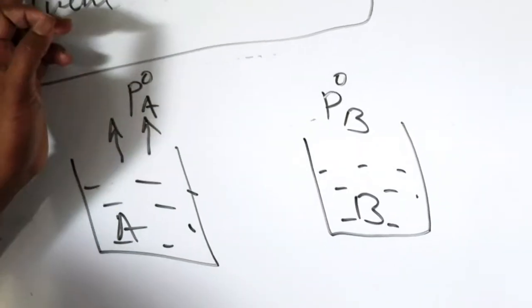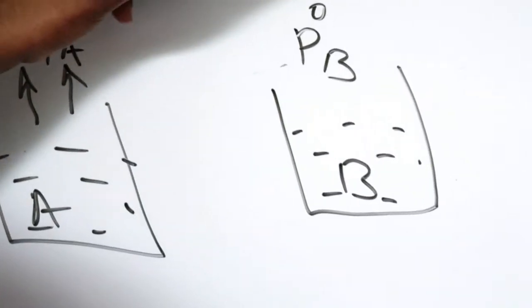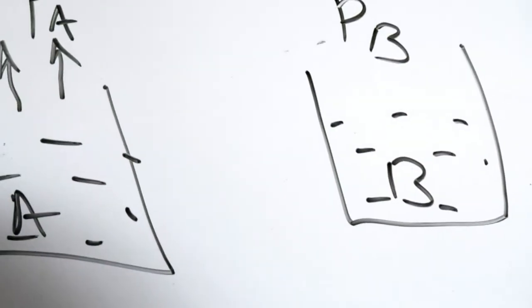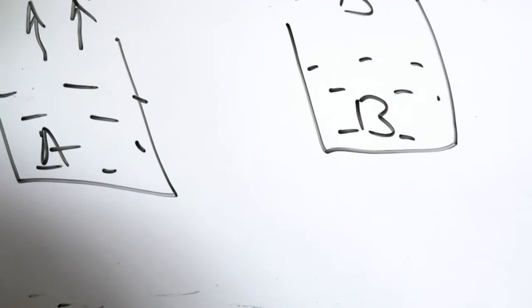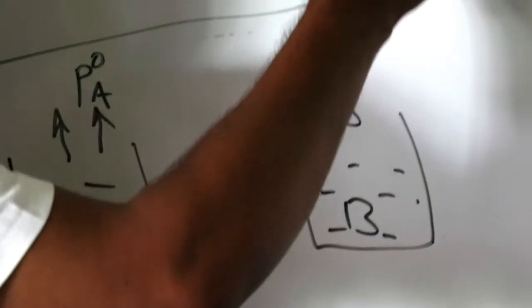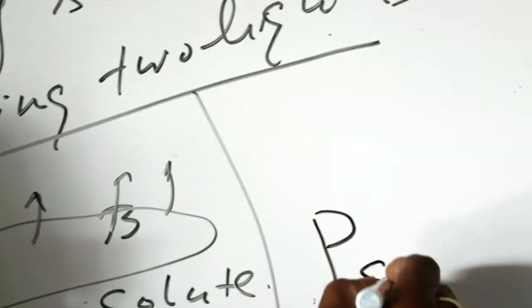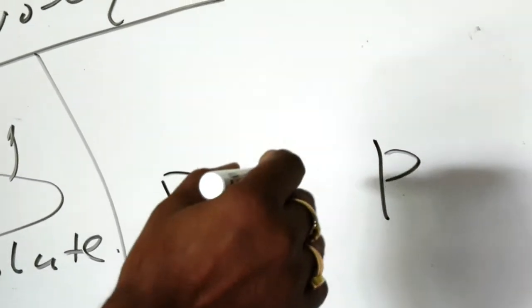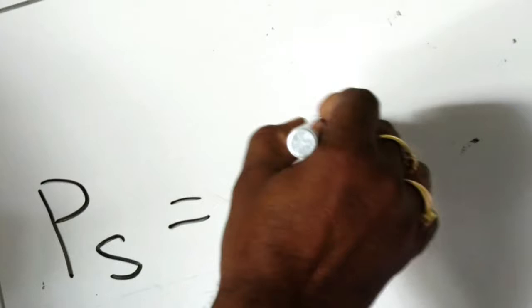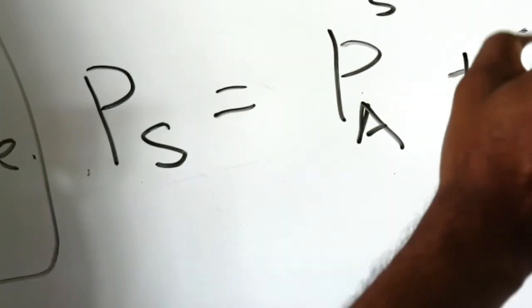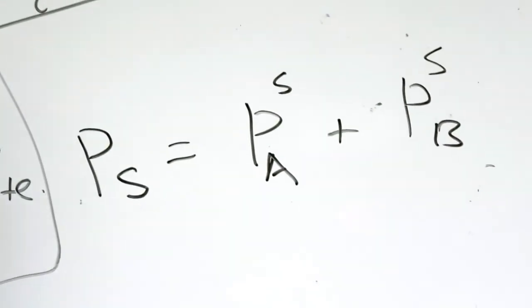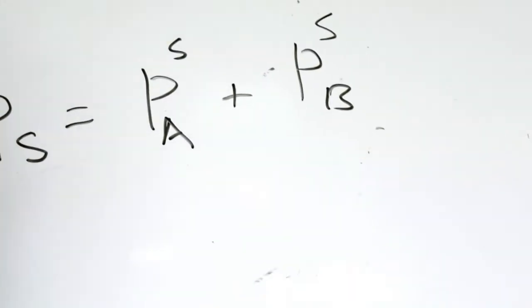It means the partial vapor pressure of A and the partial vapor pressure of B will be taken into account to decide the total vapor pressure of the solution. Here the total vapor pressure of the solution is equal to the partial vapor pressure of A in the solution state plus the partial vapor pressure of B in the solution state. This is the pure state and these are in the solution state.